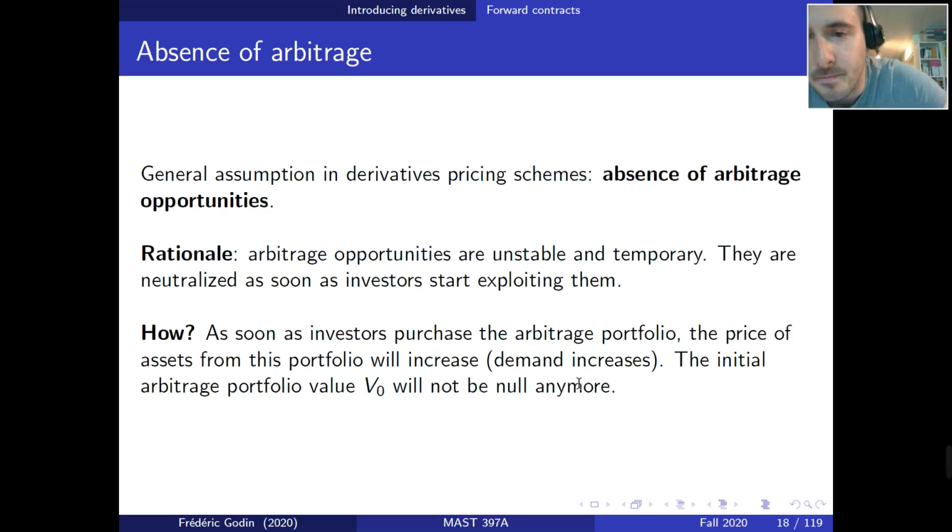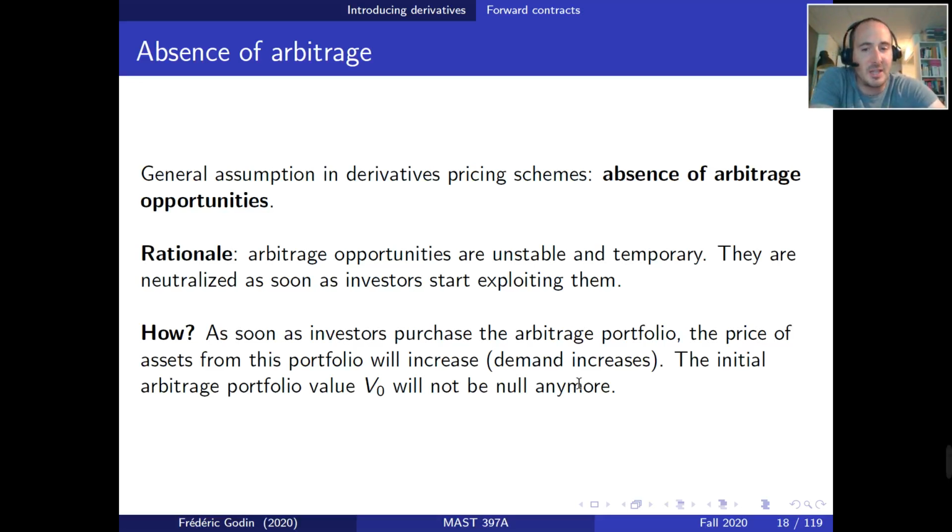So in general, when we propose pricing models for financial derivatives, we will assume the absence of arbitrage opportunities. So what is the rationale to make this assumption?